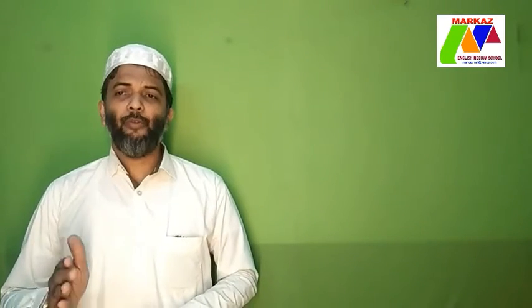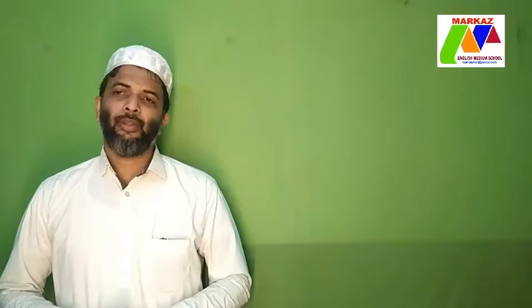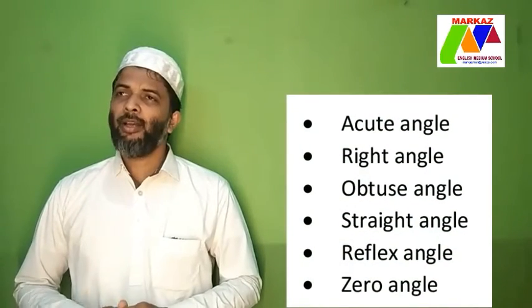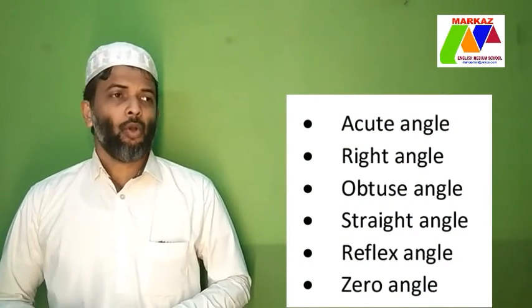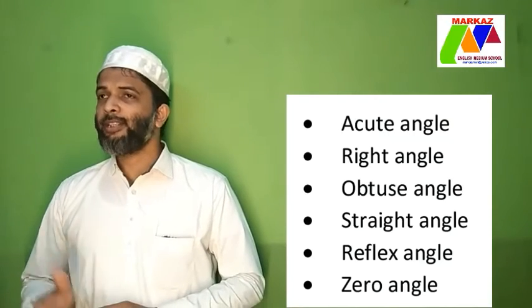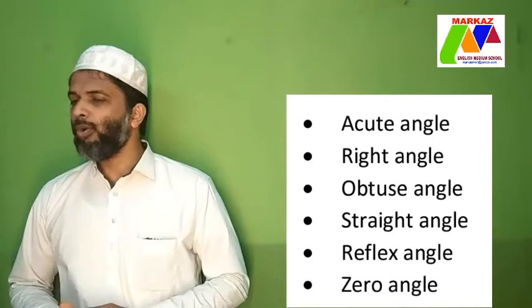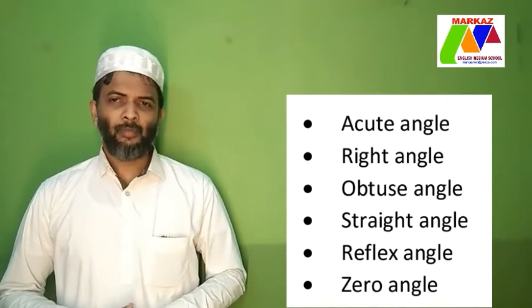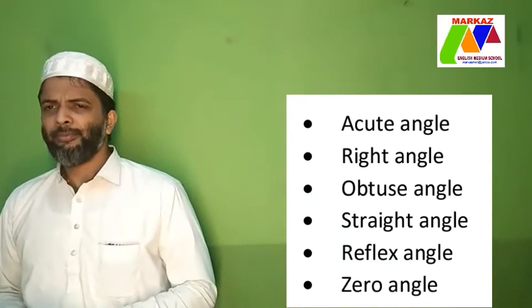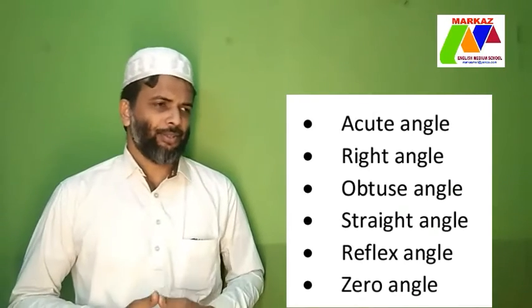Angles can be divided into 6 types based on their sizes, which are acute angle, right angle, obtuse angle, straight angle, reflex angle and zero angle. Let us study in detail what each angle is.